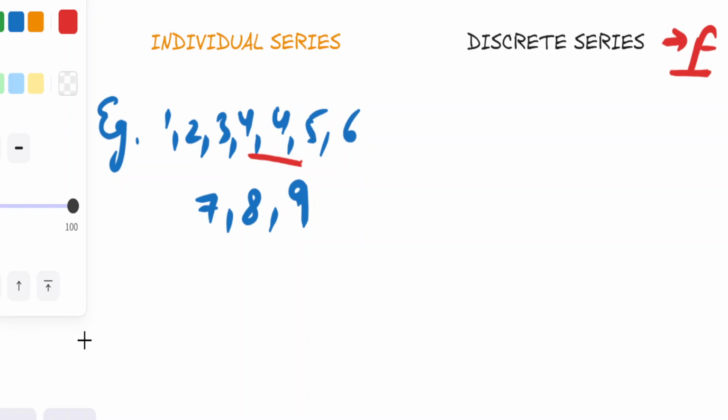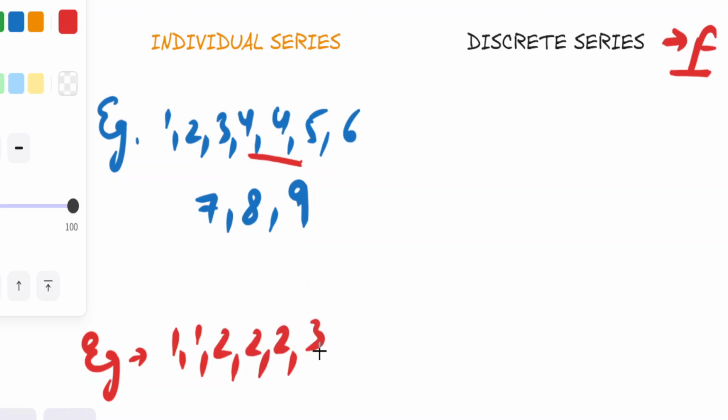Let's take an example: 1, 1, 2, 2, 2, 3, 4, 5, 5, 6. Here I can see that there are numbers repeating themselves. Like 1 is repeating twice, 2 is repeating thrice, and 5 is also repeating twice.